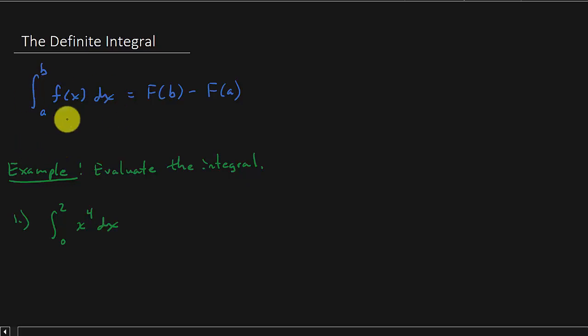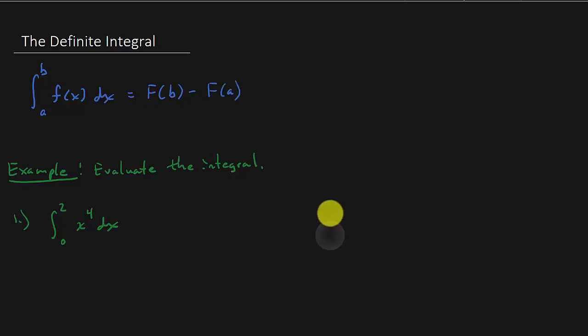But you can see here we've got the integral f of x dx, and we have limits on the integral, from a to b, and that is equal to capital F of b minus capital F of a. In other words, we integrate and then we evaluate the antiderivative at b and a and subtract the two. So let's go ahead and get started.